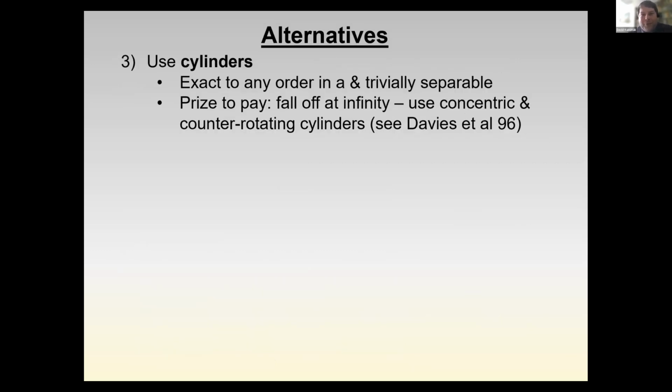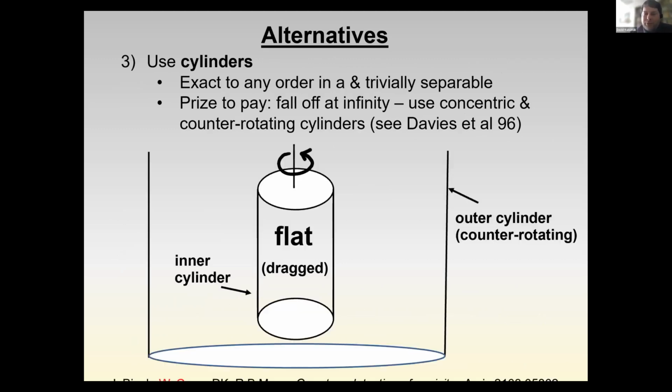Finally, the most promising maybe is to use cylinders instead of shells. The advantage is that you get trivial separable solutions for the scalar field, but the price to pay is that you have a bad falloff of fields at infinity. There was a proposal by Davies that this falloff at infinity can be solved by introducing another outer cylinder which is counter-rotating, and that solves some problems.